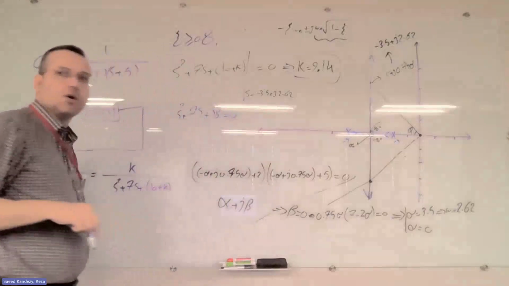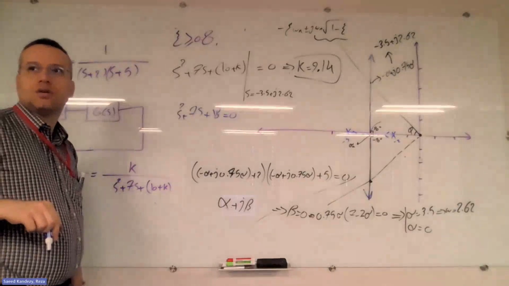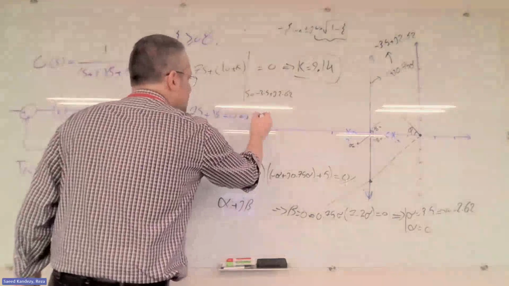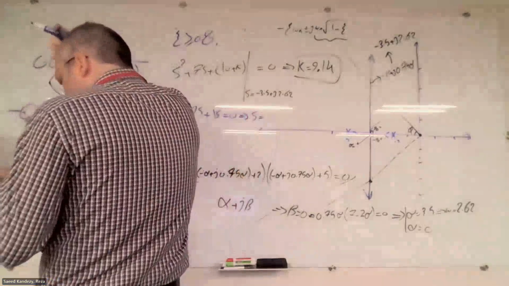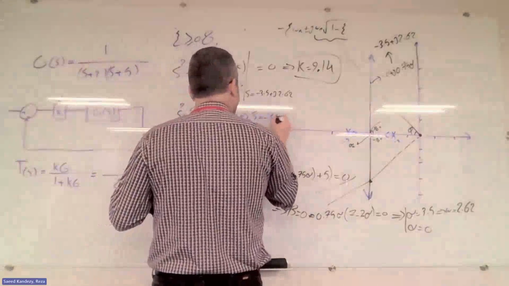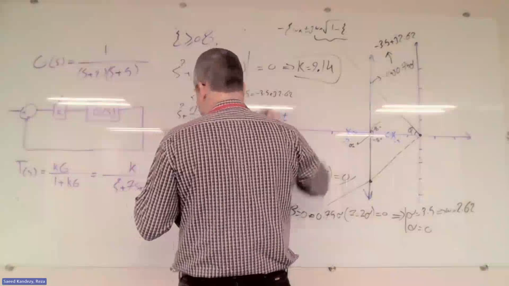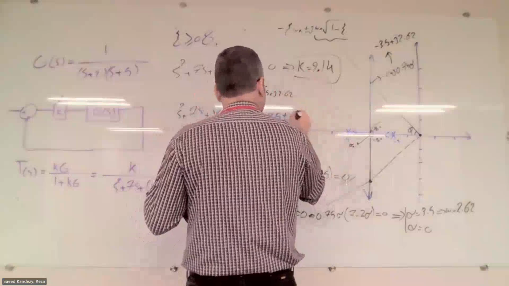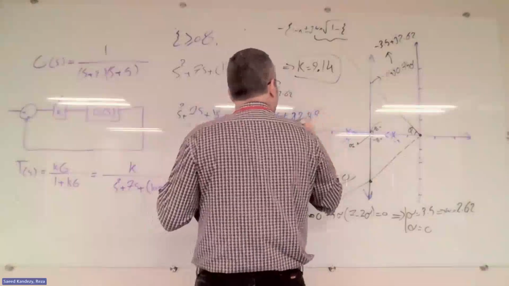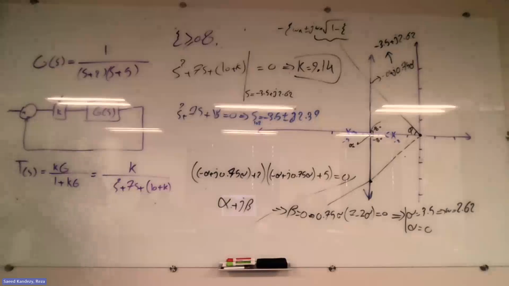And if it's equal to 0, and I solve that for the s, my s would be, actually s1 and s2 because we have 2, minus 3.5 plus or minus j 2.39. Very good.